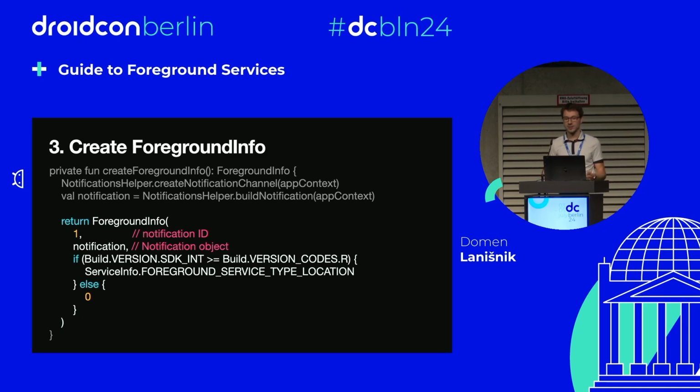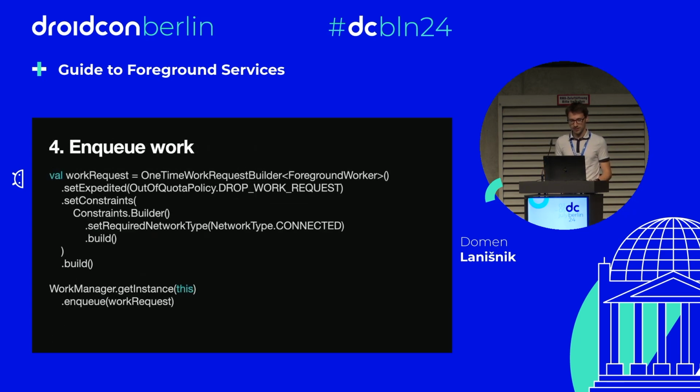Again, if we do not pass it, we'll receive the kind of exceptions that we saw before with the service. And then finally, you can create a work request and enqueue it. Also here, you should only enqueue it after you verify that the runtime permissions and the other prerequisites are fulfilled.